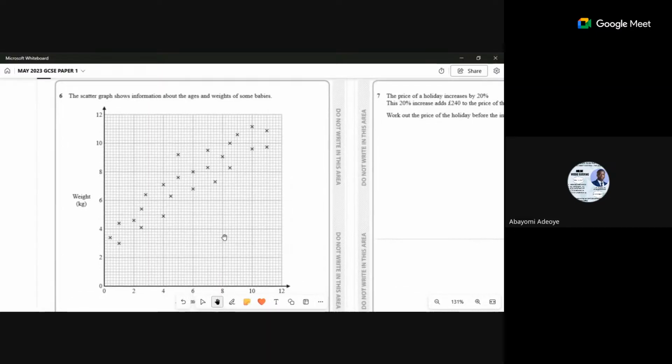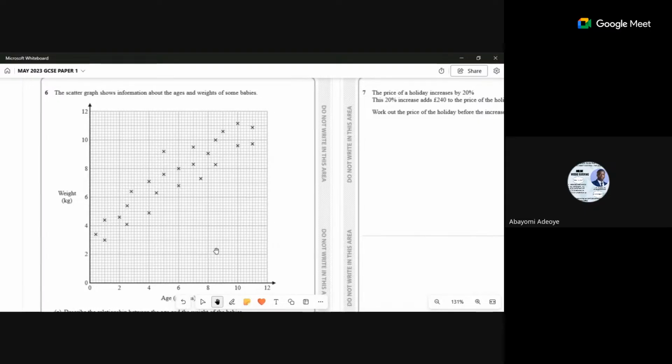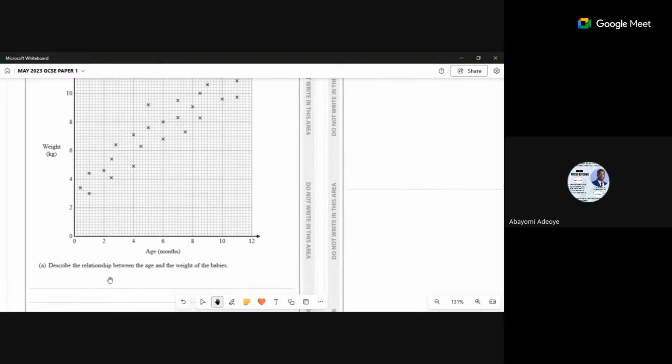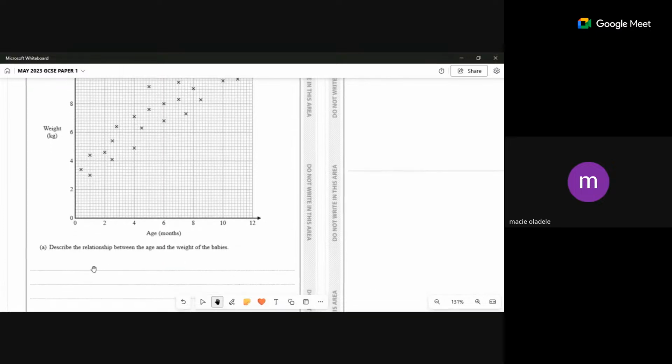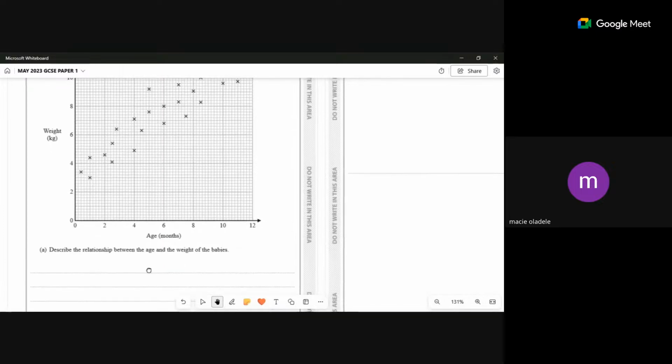Question 6 says, can you read the question? The scatter graph shows information about the ages and weights of some babies. So this is a scatter diagram. The question says we should describe the relationship between the age and the weight of the babies.